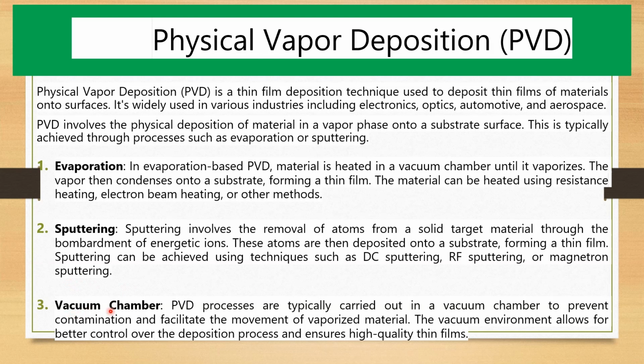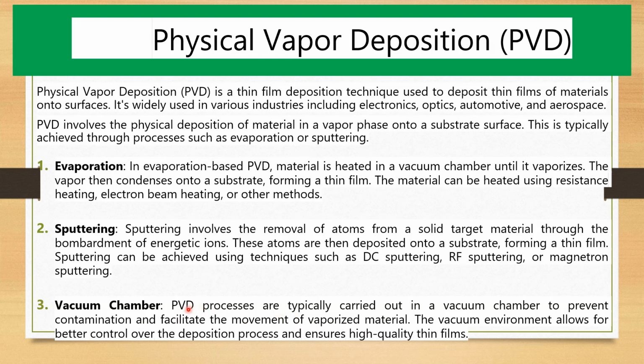Also, the vacuum chamber is a necessary component of the PVD process, and PVD processes are typically carried out in a vacuum chamber to prevent contamination and facilitate the movement of vaporized material.